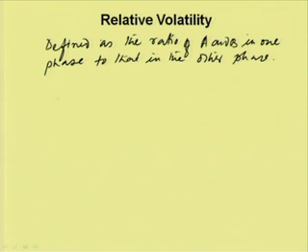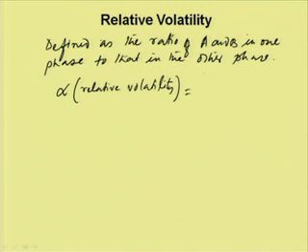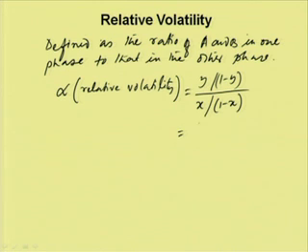So, we can write alpha, which is the relative volatility, as y by 1 minus y divided by x by 1 minus x, which we can write as y into 1 minus x divided by x into 1 minus y.